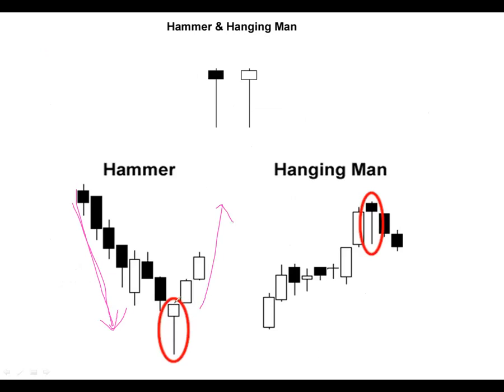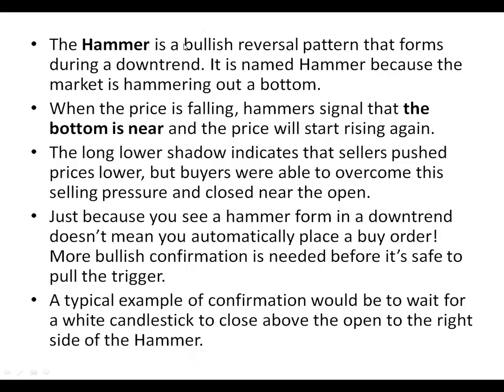That is why this doji candle is called a hammer. It is hammering out a downtrend, making way for a new trend, which is an uptrend. Are we good? Let's continue the note.